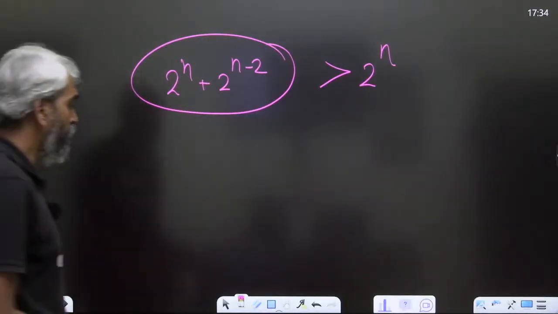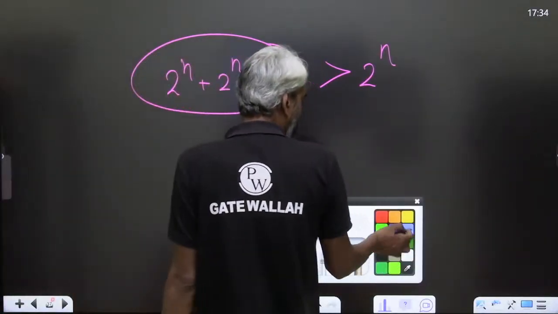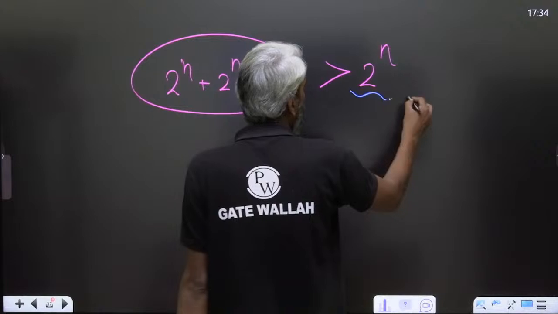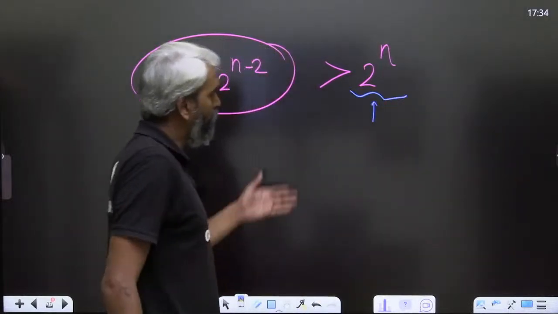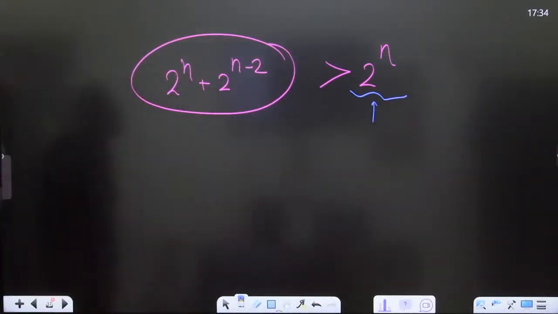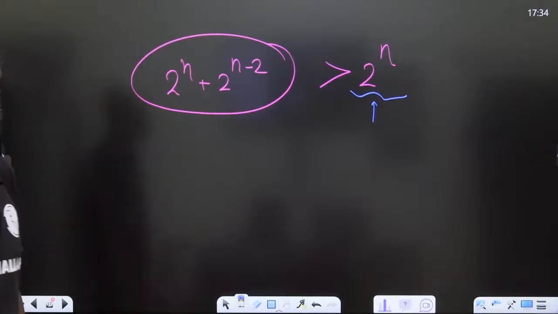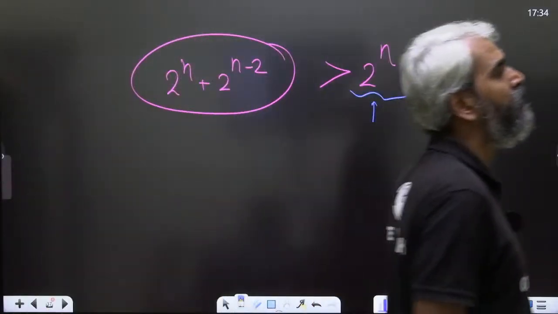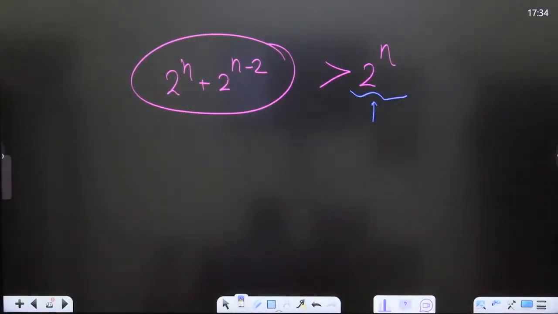So for a set containing n elements, there can be at most 2 raised power n subsets. The number of super keys cannot be more than the total number of subsets possible.